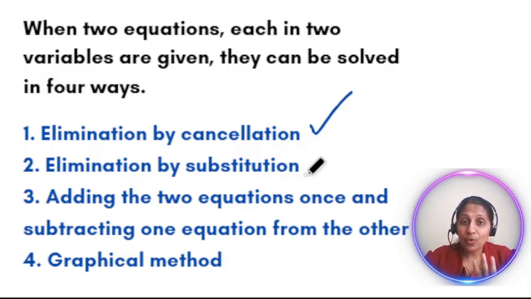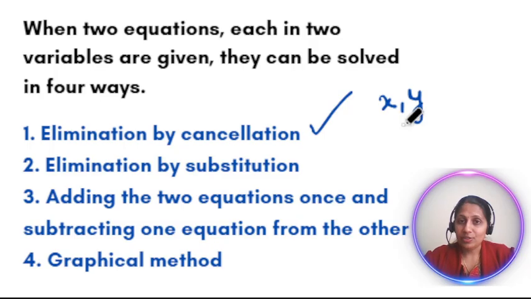So these are the 4 ways of solving 2 simultaneous linear equations, where you have only 2 unknowns, x and y. Okay, so let's see this in detail in our tomorrow's challenge. Do check out that lesson. It is a very important topic for all your higher grade algebra.